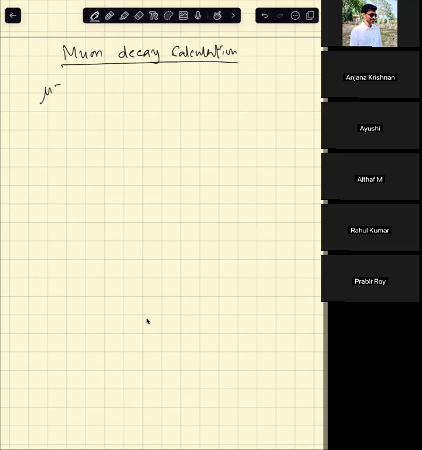You have some muon having a momentum p, and that goes to an electron with the momentum p prime, and then we have an anti-electron neutrino with k prime, and then you have a muon neutrino with some momentum k.